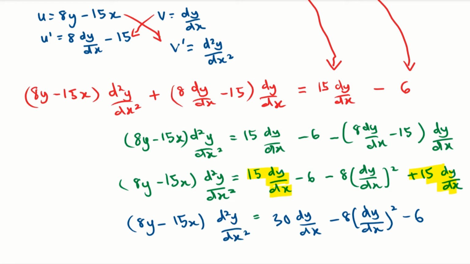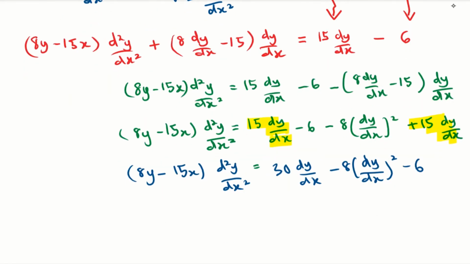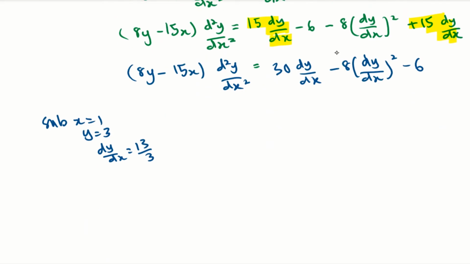So then we can substitute x equals to 1 and y is equal to 3 and dy dx equals to 13 over 3. So kita boleh substitute tiga benda ni lah. Okay, so the first one we substitute 8y tolak 15x.